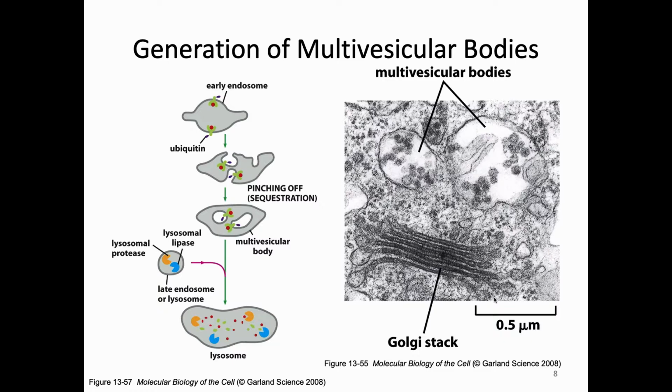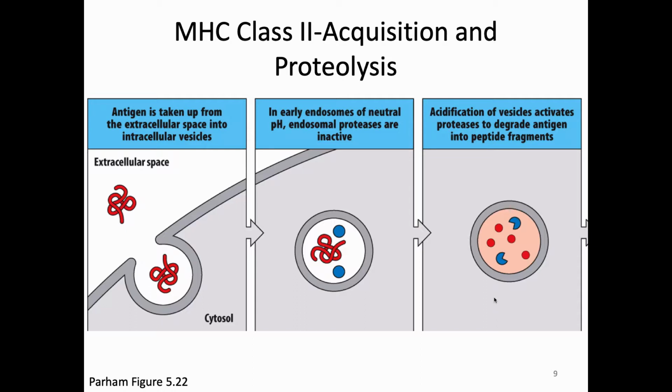So at this point, we have acquired our antigen for MHC Class II. We now need to do proteolysis. Happily, we have acquired our antigen into this system of vesicles that lead to a place where we do proteolysis. So the lysosome, where we end up in this pathway, is a compartment where we can do proteolysis.